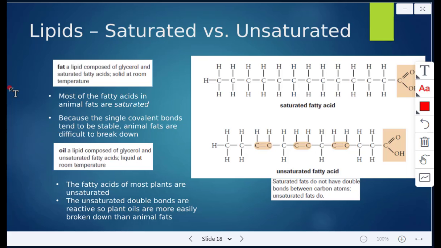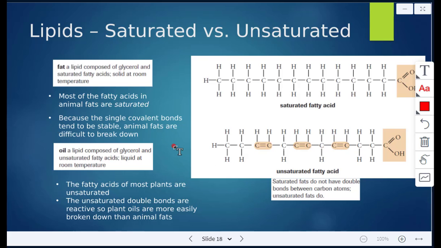The other type of lipid is an oil. This is a lipid composed of glycerol and unsaturated fatty acids, and it is normally found as a liquid at room temperature. The fatty acids of most plants are unsaturated. So here in the unsaturated fatty acids, we can see some double bonds here, here, and here.